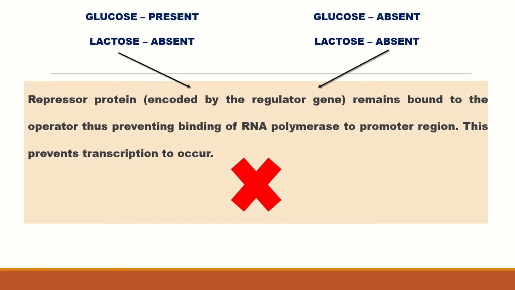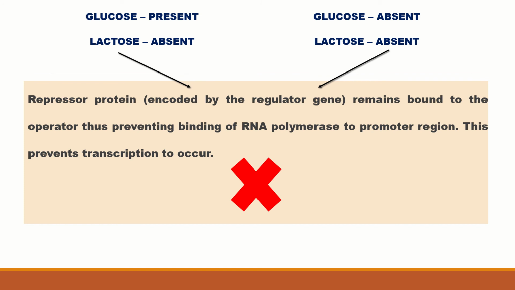We will talk about the performance of Lac Operon when glucose is present in the media and lactose is absent. We all know glucose is a preferred source of carbon. Therefore, when glucose is there, it will be utilized. But here we see lactose is absent.